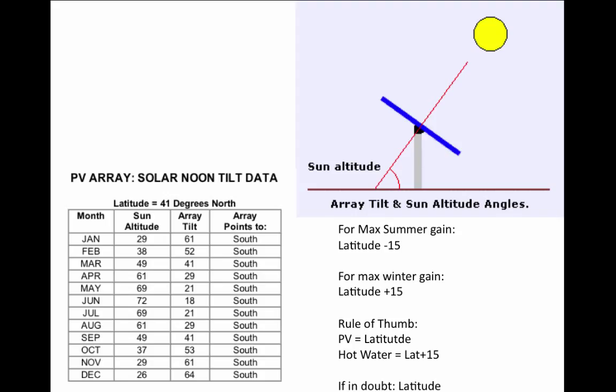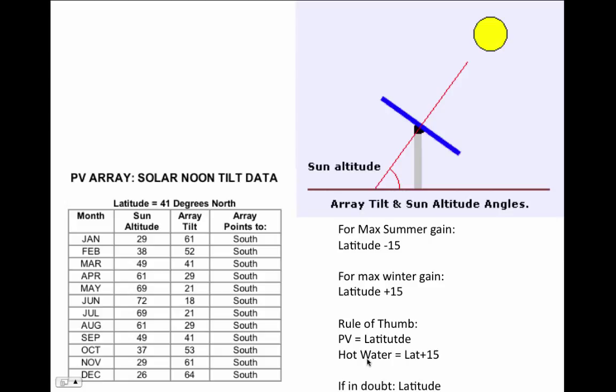Okay. So the rule of thumb for solar electric or PV photovoltaic is latitude. Now hot water is different. Solar electric panels actually work better in the wintertime when it's cold, so you don't get less energy from a solar panel just because it's wintertime and it's cold.